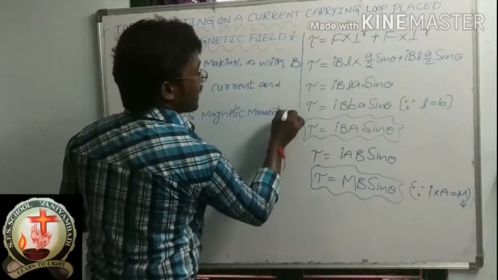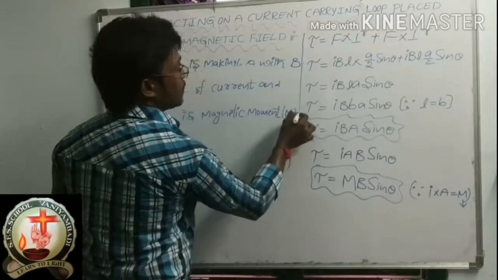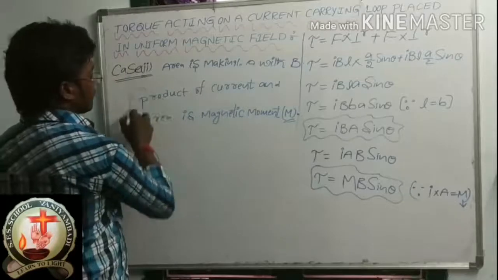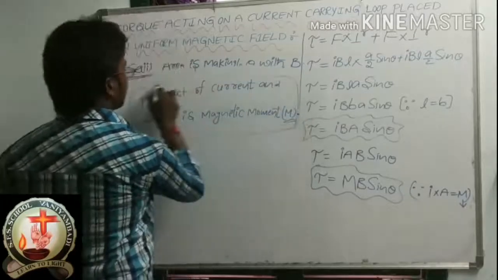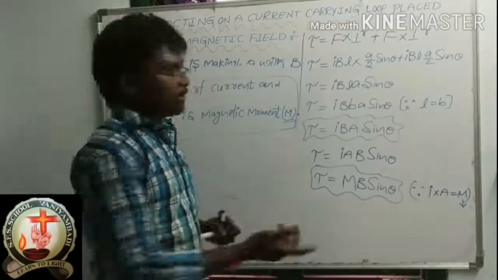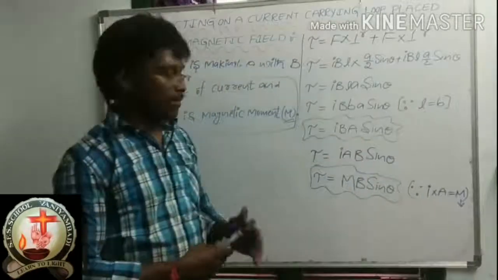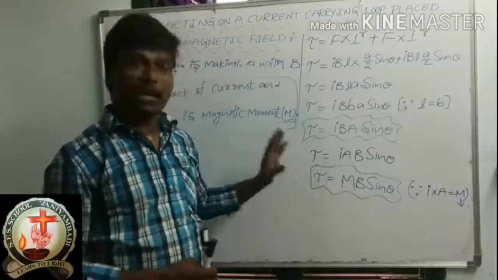Magnetic moment we can indicate as capital M. So this is the definition. If you want, you can take it, otherwise you can stop here itself, no problem. Okay, product of current into area is magnetic moment.